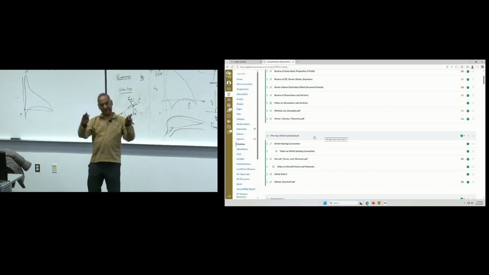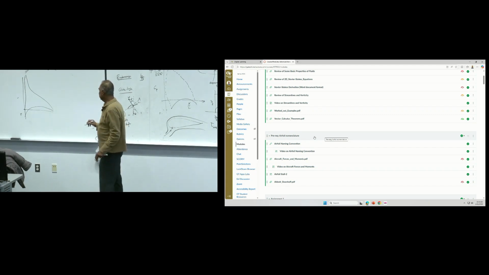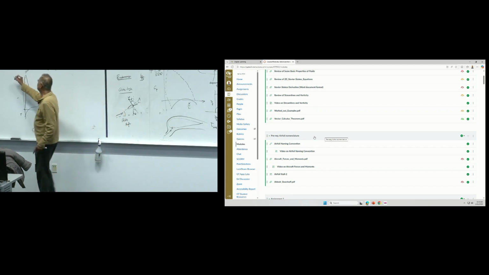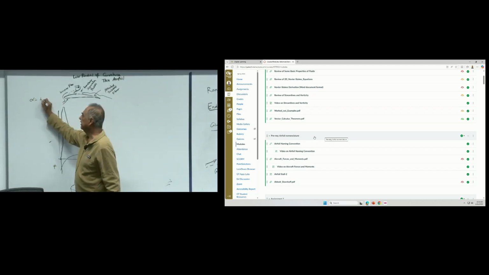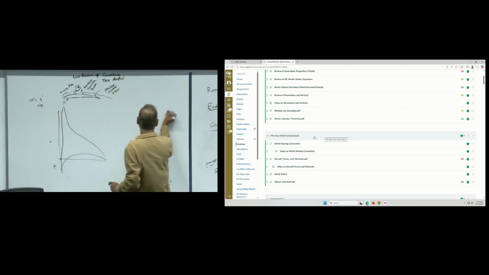Now what happens if you go to a higher angle of attack? Let's say this is alpha equal to 4 degrees, just an example. For the same aerofoil, if you go to alpha equal to 6 degrees, you have a laminar flow, then it may separate right at the leading edge.